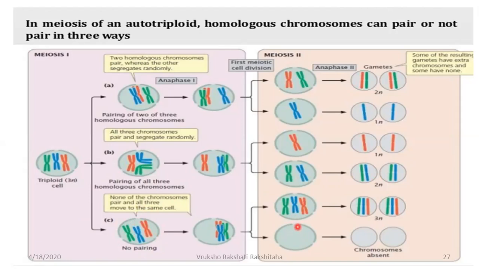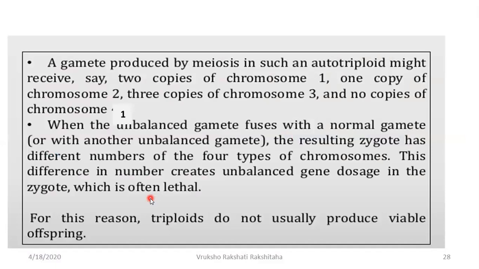This will give rise to triploid gametes, whereas the other gametes will not have any chromosomes at all, and this is lethal. So you have thus seen that in meiosis of an autotriploid, the homologous chromosomes can pair or not pair in three different ways. This is the same explanation.